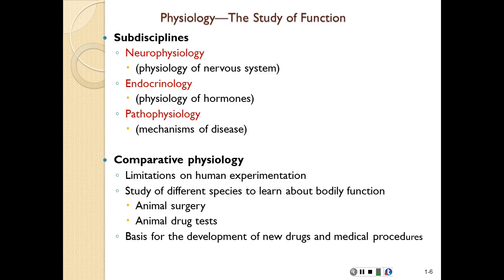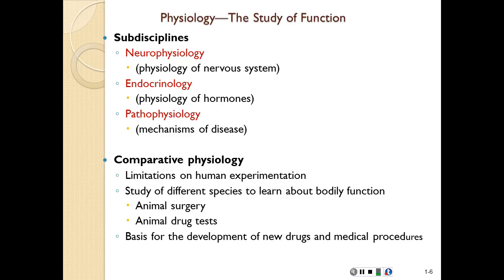Then we have endocrinology, the physiology of the hormones. And pathophysiology deals with the mechanisms of a disease: how does a particular disease actually work in the body on a physiological level.